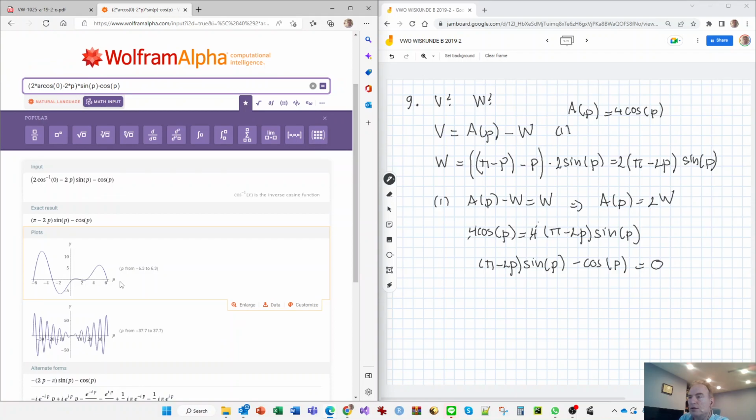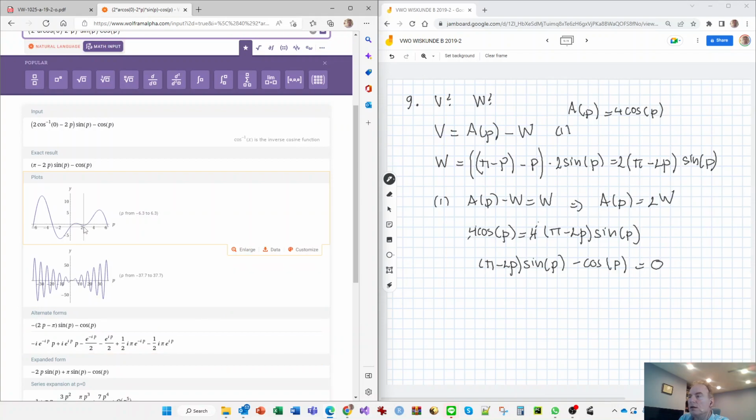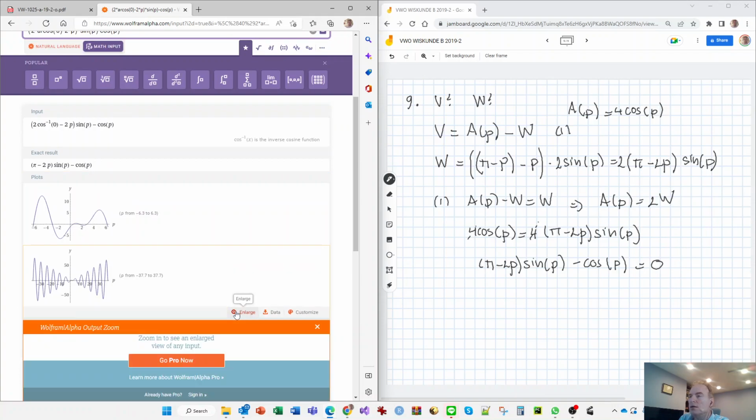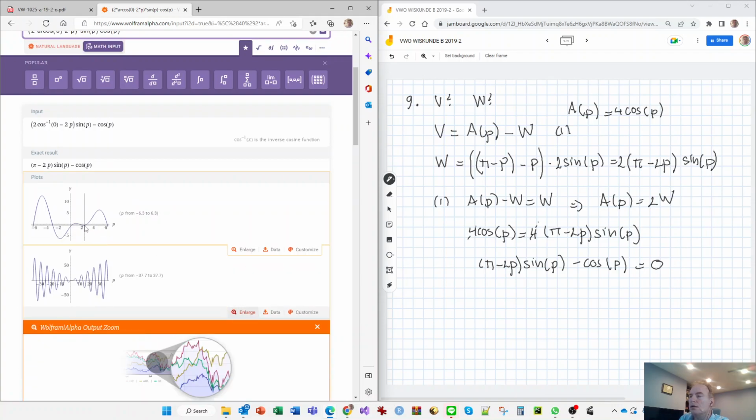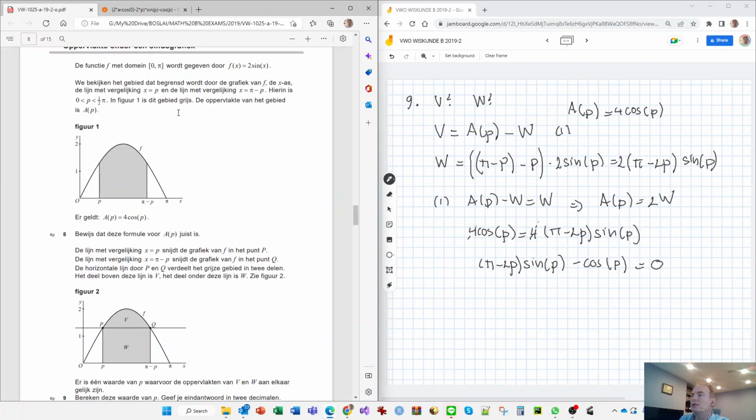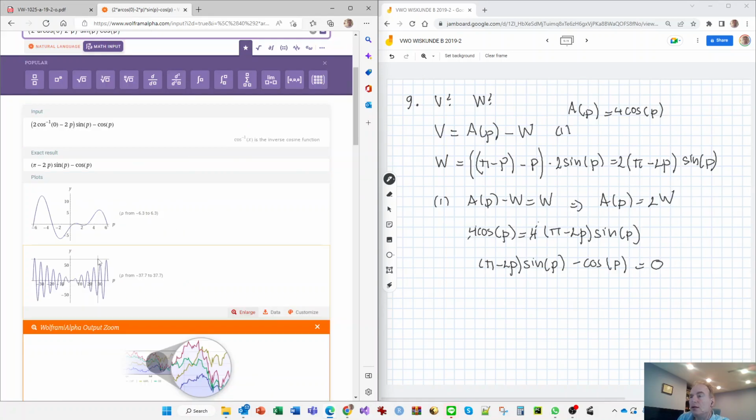Okay, here it is. You see, we're interested in this from 0 to half pi. So you see here it is 0, and there's another point here where it's 0.